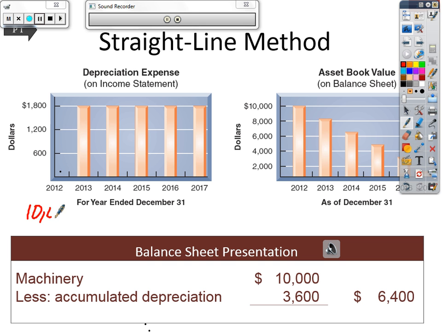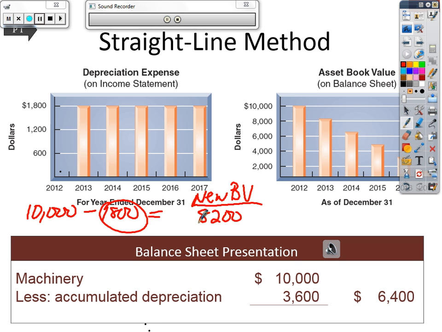Your 10,000 minus that first year of 1,800 accumulated depreciation is going to give you a new book value of how much? Somebody has a calculator. You can do it in your head. It doesn't matter. How much? 8,200.